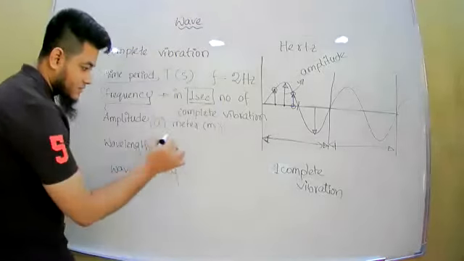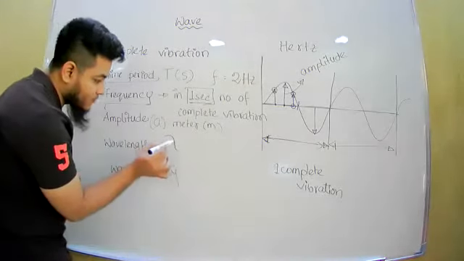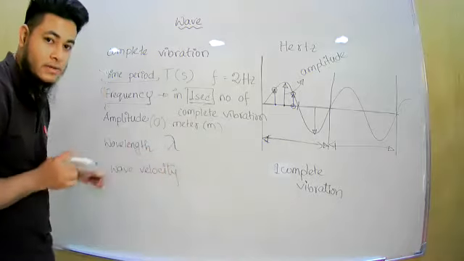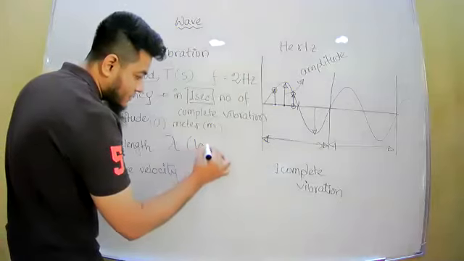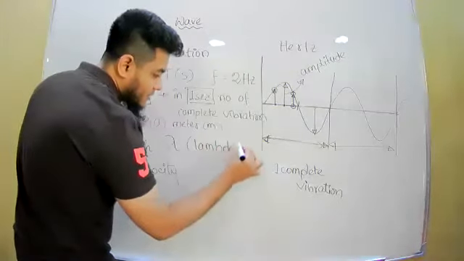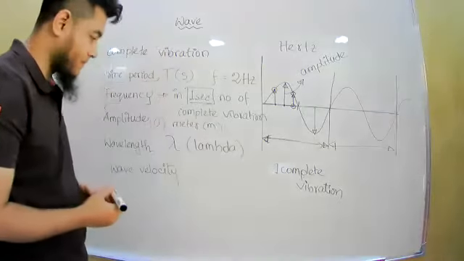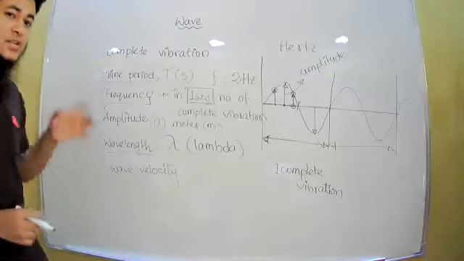And it looks like this. See, at first you have to give a line like this, then from the middle you have to bring out a line. This is lambda. I will write the spelling. Lambda, L-A-M-B-D-A, lambda. Okay, wavelength is expressed with lambda. What is the unit of it?